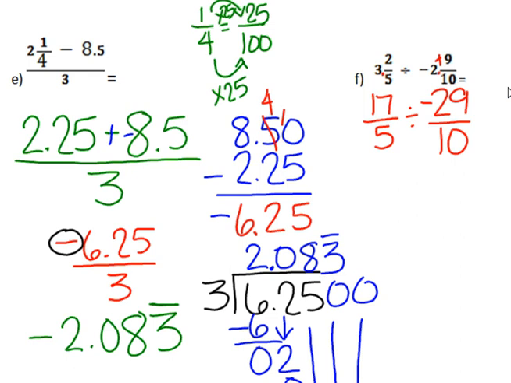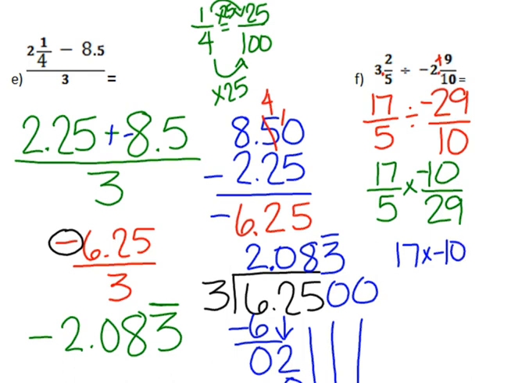Okay, anytime you are dividing fractions, you're going to keep the first one the same and change it into a multiplication problem by multiplying by the reciprocal, which means you flip the second fraction. And it's negative, so I'm going to keep it negative. All right, so we have 2 options. We can multiply 17 times negative 10, and we can multiply 5 times 29 to get your answer. That will work. You can also simplify first to make your numbers a little bit easier to work with.